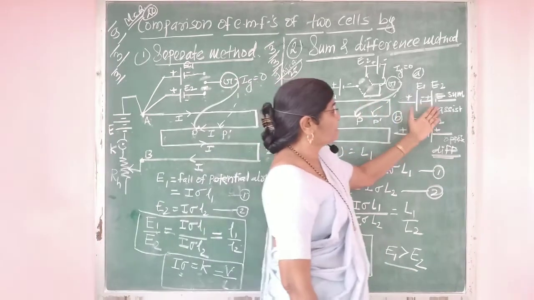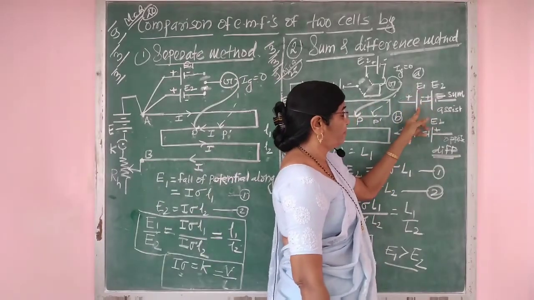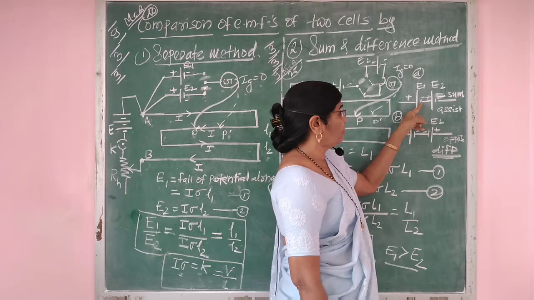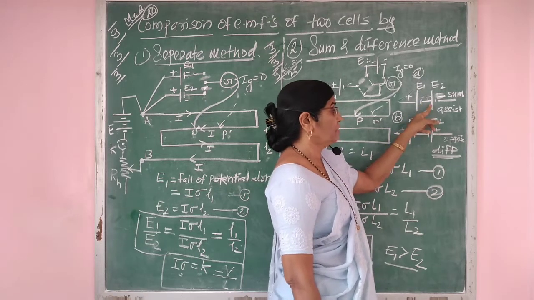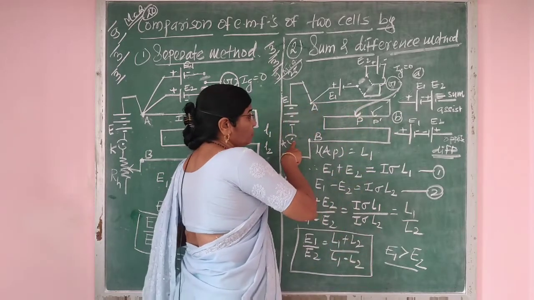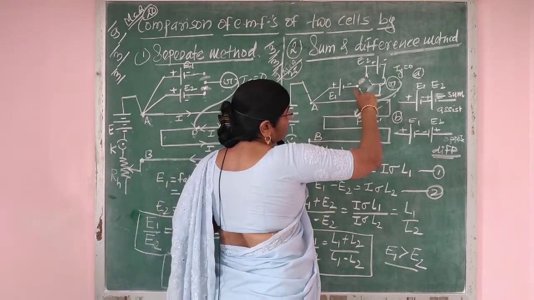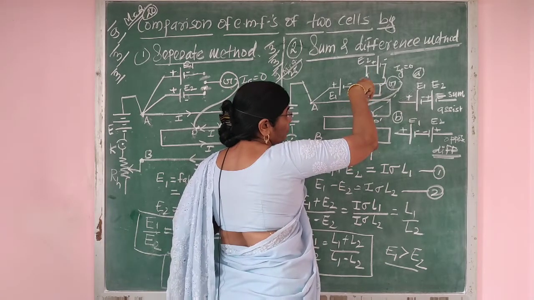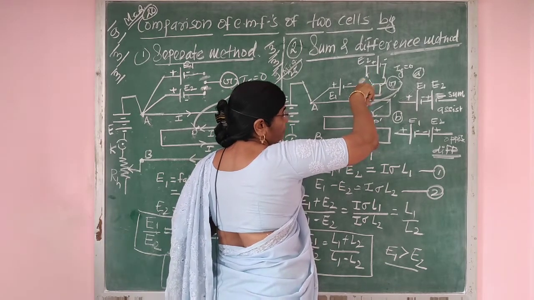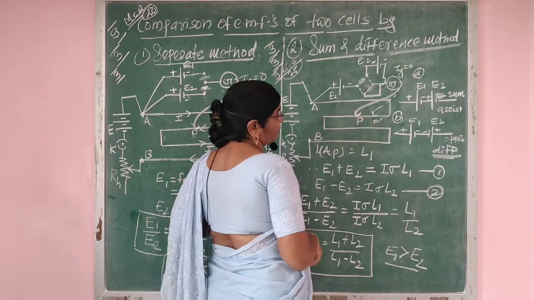Two cells assist means here we have to see in figure A. Negative terminal of the first cell is connected to positive terminal of the second cell. Here we have to see, when we close the key, negative terminal is connected to positive terminal, means we have to place the key here, means this connection will be completed.